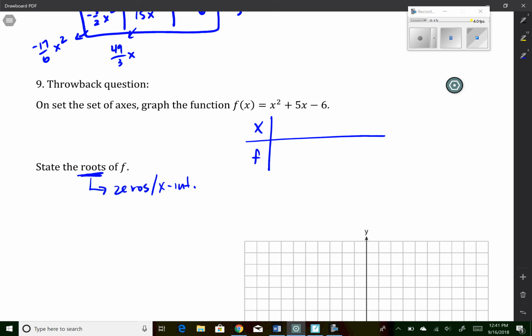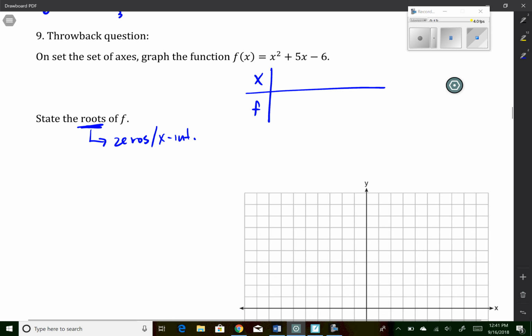You'd start to see some of the factors showing up. One of them is going to be an x value of 1 and an f value of 0. So you're going to have a solution here. The other one you're going to get is negative 6 and 0. So those are going to be good key points for us to use.